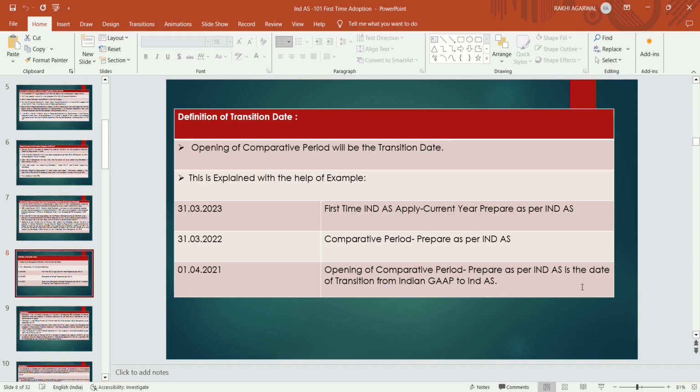Then the comparative period will be 31st March 2022, adjusted as per Ind AS, and 1st April 2021, the opening of the comparative period prepared as per Ind AS, is the date of transition from Indian GAAP to Ind AS. So 1st April 2021 is the transition date in our exam.